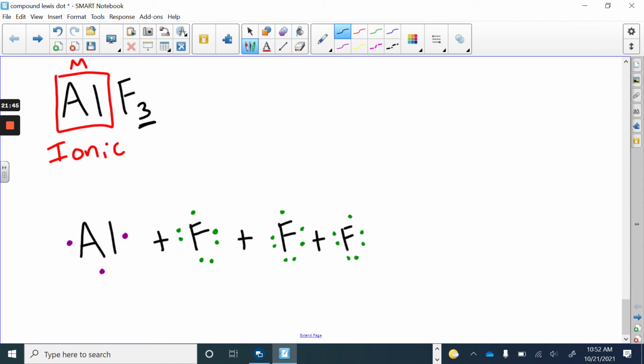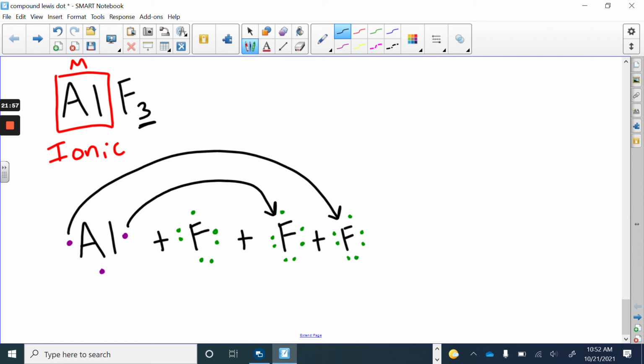Since we are transferring electrons, you need to show that using your arrows. So we'll take 1 from aluminum over here, 1 here, and then 1 over here. And we will draw our new structure.